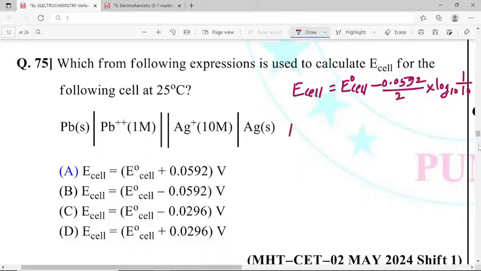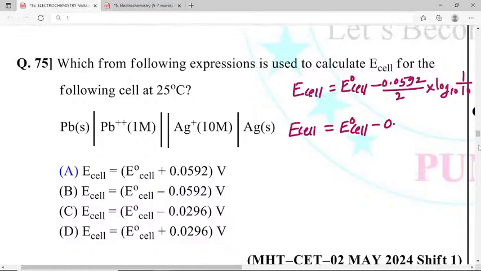So E cell is equal to E naught cell minus 0.0592 divided by 2, log of 10 to the power 2, so 2 gets cancelled. And then log to the base 10 of 10 to the power minus 2.